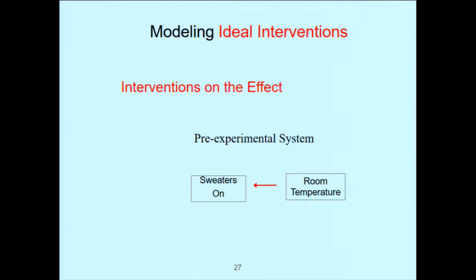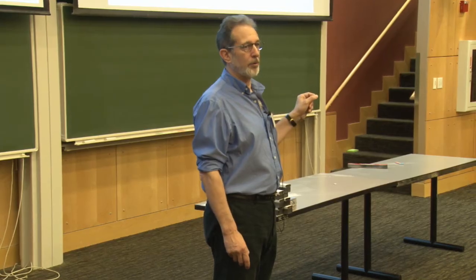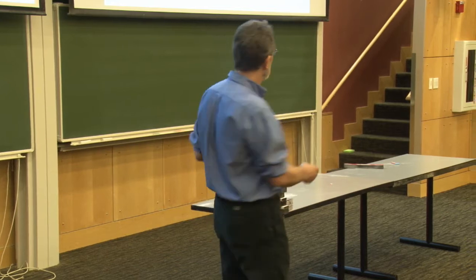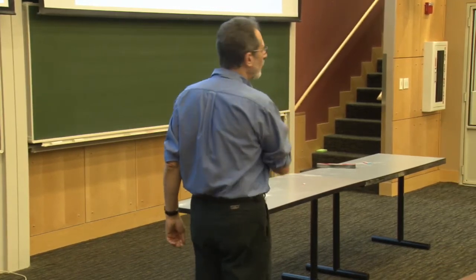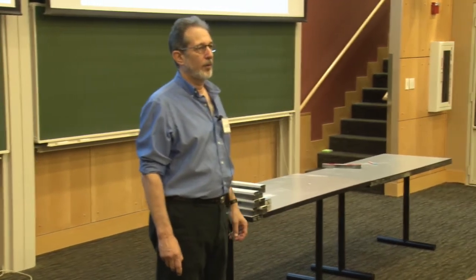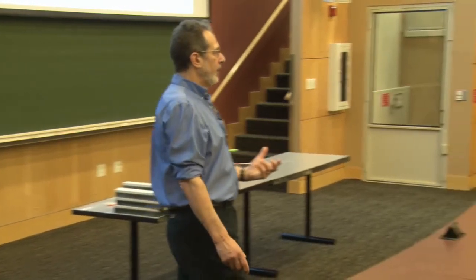It's the same thing as pre-experiment, because although I might have actually changed the value of the room temperature or the distribution, I have not changed the relationship between room temperature and sweaters. So you're still going to wear a sweater if you're cold, and take a sweater off if you're hot.